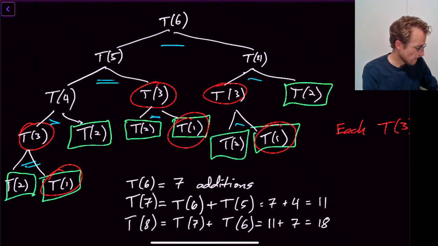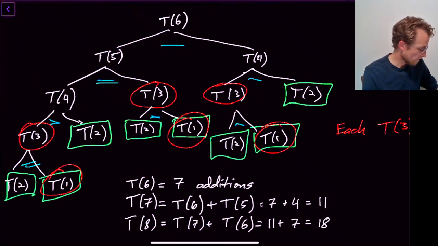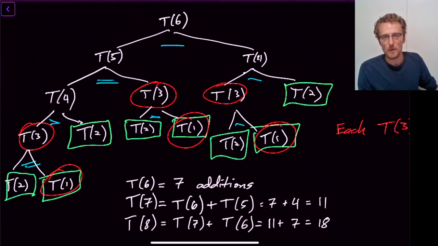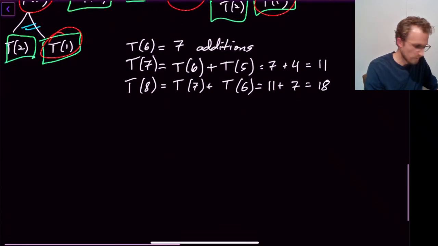If we had a T of 7, we would be computing F3 not 3 times but 5 times. That would go up considerably. And so we should have the idea in our head that we need to avoid doing extra work. That's what it means to be a good algorithm designer: don't do the same thing twice, which means that when we identify a Fibonacci number, we should write it down and then not recompute it.